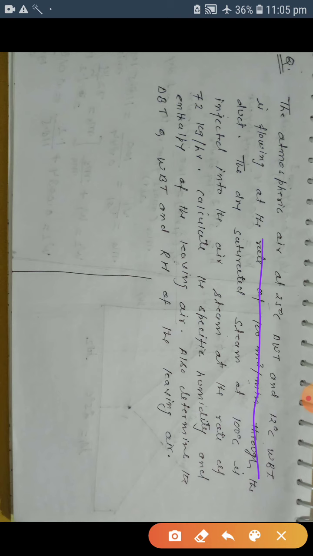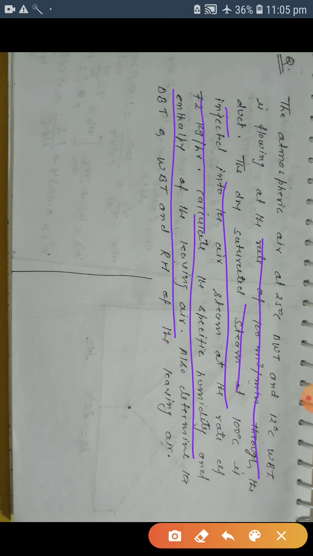The atmospheric air is flowing at this rate through the duct. The dry saturated steam at 100 degree centigrade is injected into the air stream at the rate of 72 kg per hour. Calculate the specific humidity and enthalpy of the leaving air.